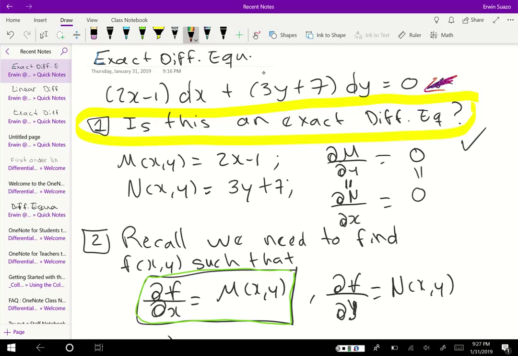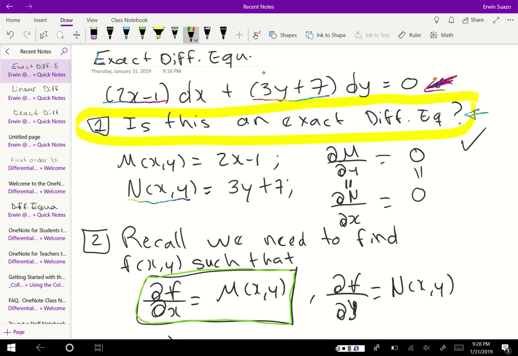First thing we need to do is verify if this is an exact differential equation. For an exact differential equation, we need to check if this part that we call M of x,y and this other part N of x,y satisfy the property of being exact.